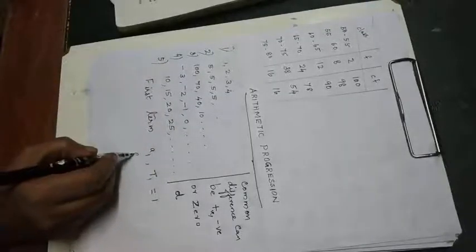Here in the first case it is 1. So how will you represent the second term? A2 or T2. Then the third term will be A3 or T3. You can represent it as A1, A2, A3, like that, or T1, T2, T3, like that.